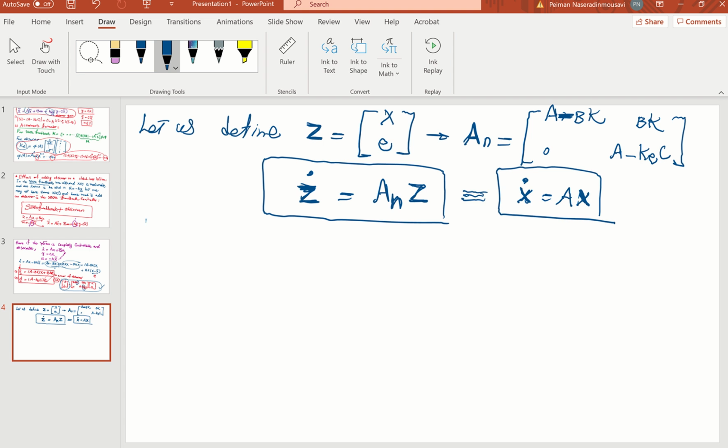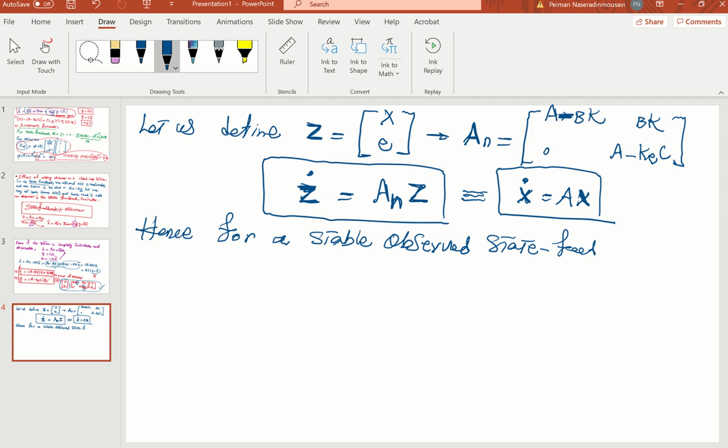So hence, for a stable observed state feedback controller, why together?